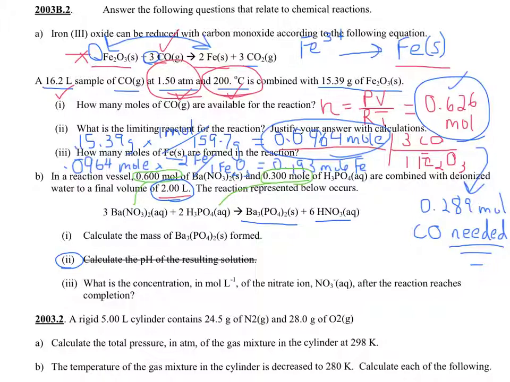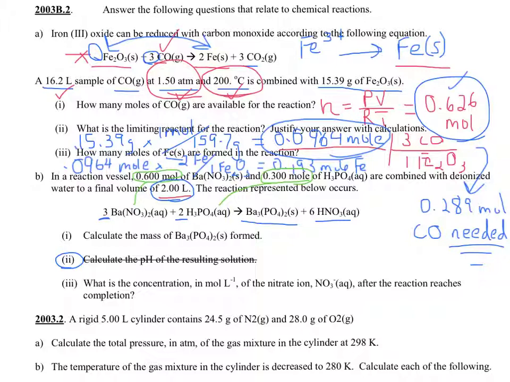Well, we know the molar amounts of both of the reactants, so we need to use the limiting reactant to start our stoichiometry. And the ratio in the balanced equation is 3 barium nitrates for every 2 phosphoric acids.